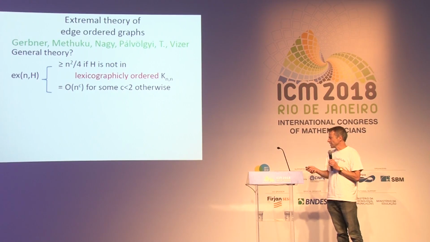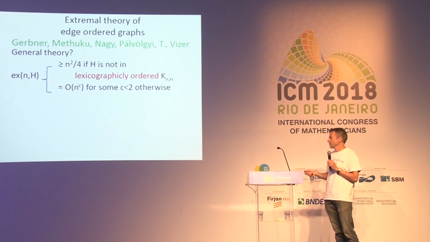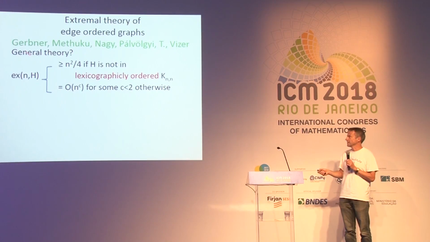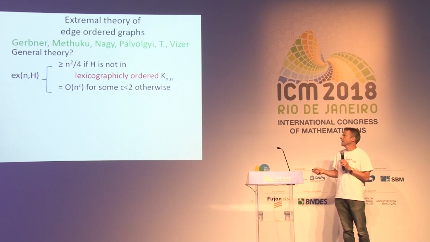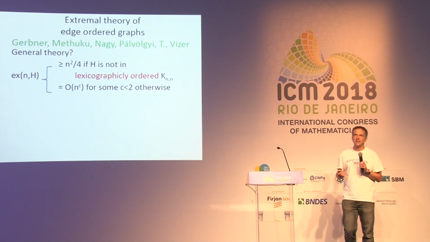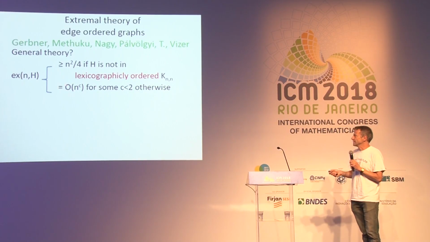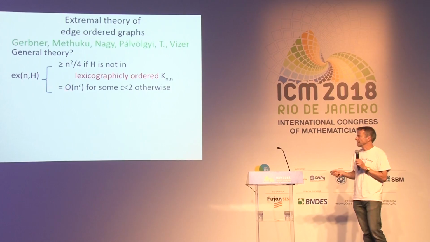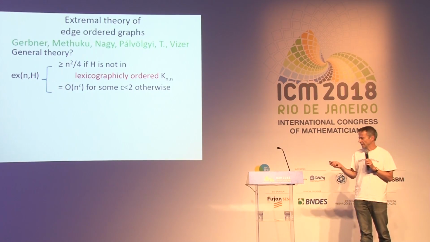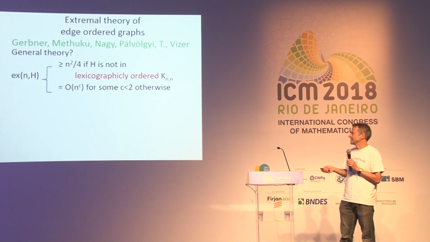This is a natural ordering. If your graph is not contained in this, then of course this is an example of a graph avoiding it. Therefore, n squared over 4 is really a lower bound on the extremal function. And if that's not the case, then the extremal function is less than quadratic. It's a power of n that's less than 2.